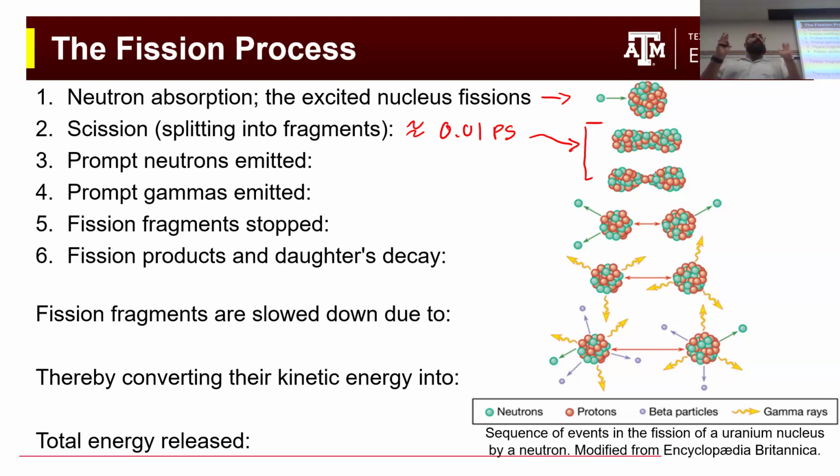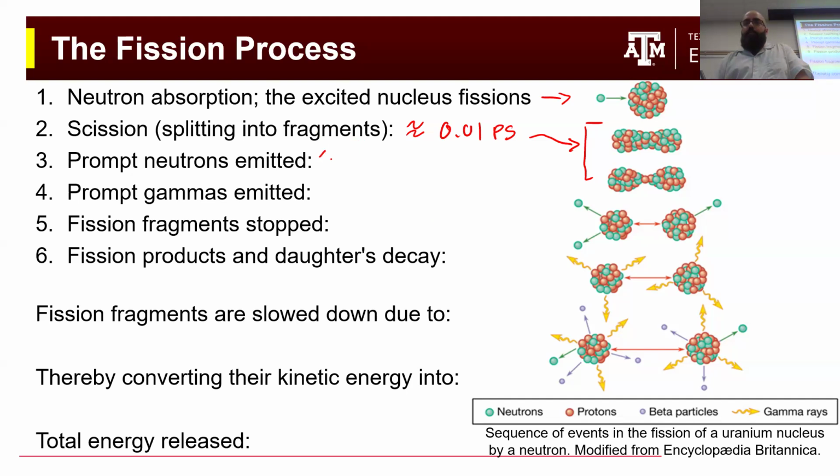Once that nucleus has fully split, these fission products that come out are very, very unstable. They're so unstable that they're immediately trying to get to a more stable place by just kicking neutrons out of their nucleus. And the neutrons that come immediately out of the fission process are called prompt neutrons.